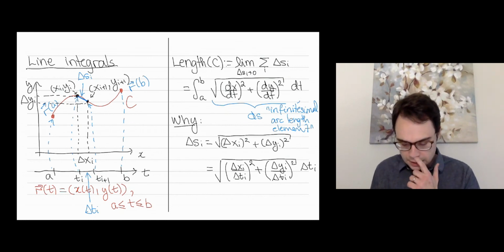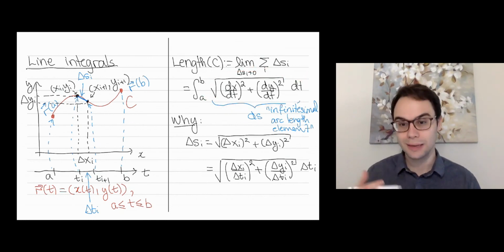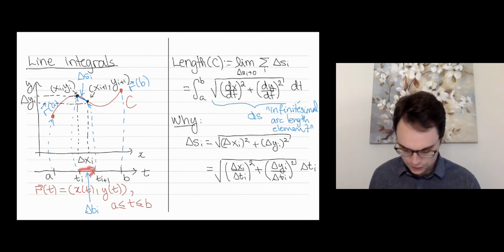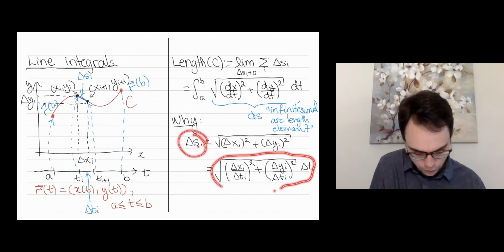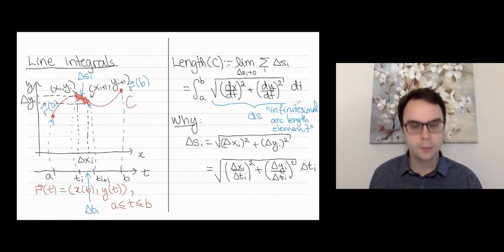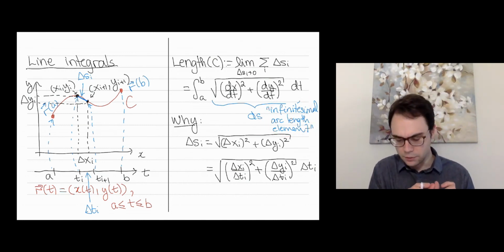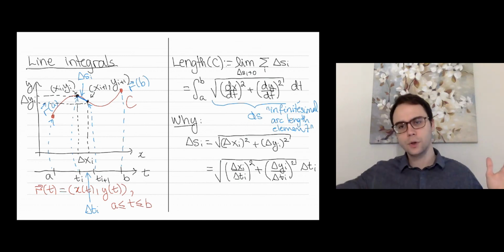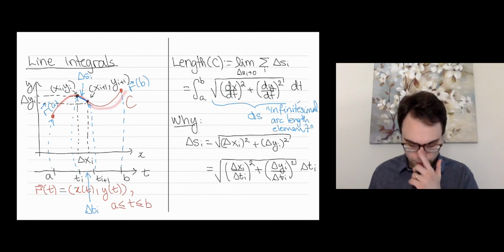And the point is that when I replace the d's, which are infinitesimal, by deltas, which are finite differences, I get an approximation for the distance between two close by points on my curve. And when I add these arc length elements, these little pieces of length in the curve, over the whole curve, I get the length of the curve.